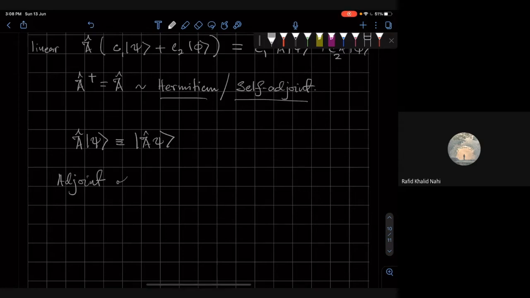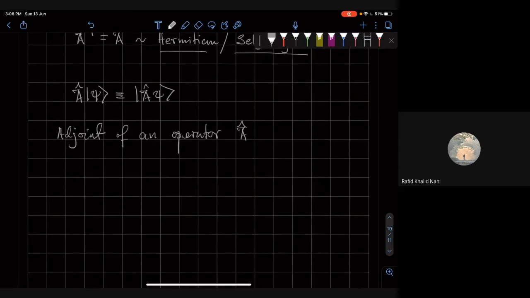The adjoint of an operator A is denoted by A dagger.